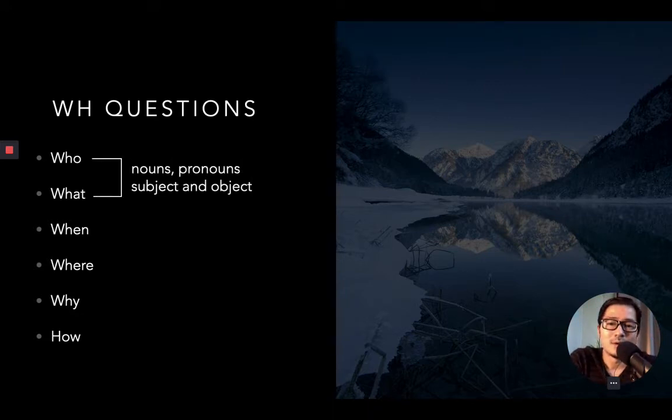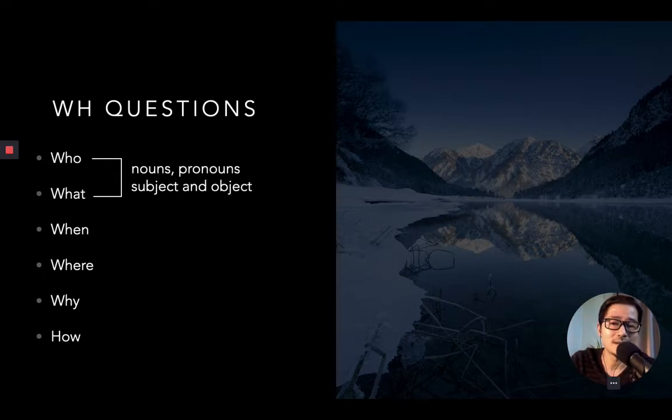Okay, for who and what, they're very similar because we use them for nouns and pronouns. These are the only questions in the WH questions list that we use with nouns. That's interesting, right? Later on we'll talk more about nouns and pronouns, but I have to mention this now.